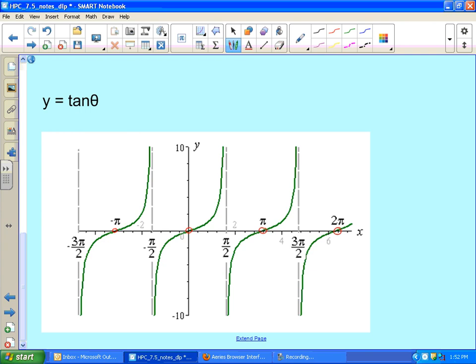Now, how do we know that the curve looks like this? You could put a generic t-table together, plug in your own values of theta, take the tan of that, whether it's in radians or degrees, and you're going to get enough points that generate these curves. Some of the most useful ones would be 45 degrees. Tangent of 45 is 1.